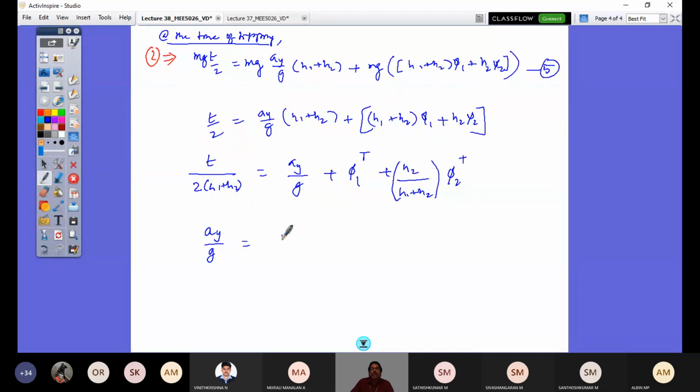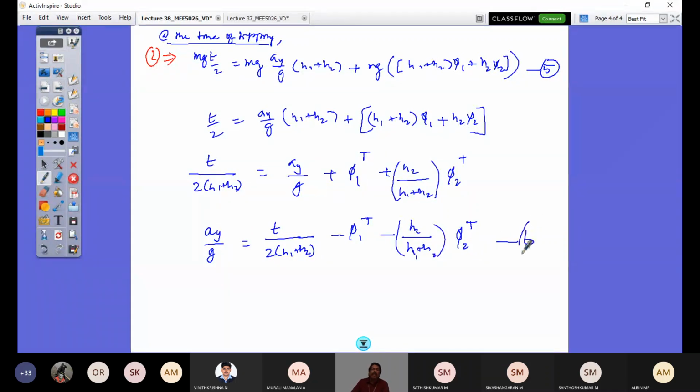So this is going to be t by 2 into h1 plus h2, which we have just seen, and that value is further reduced by these terms: phi 1t minus h2 by h1 plus h2 into phi 2t, right? So this is equation number 6.